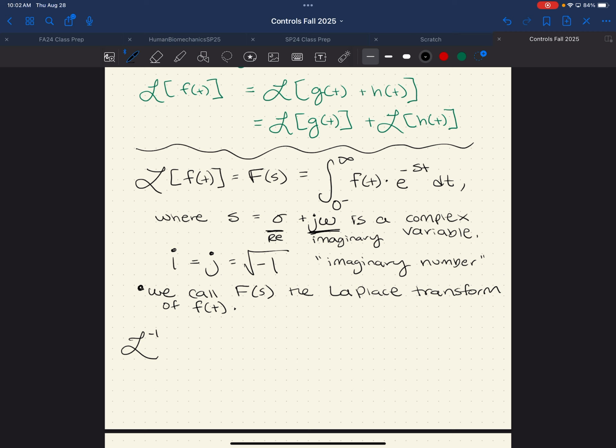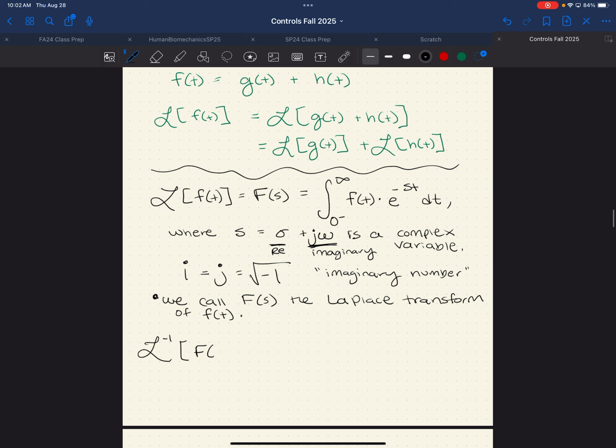I denote that with just a -1 in the exponent of the operator. So the inverse Laplace transform is again this really icky thing, so don't stress out too much. We don't use it all that much, but we will today. It's 1 over 2 pi j times the integral from sigma minus j infinity to sigma plus j infinity of F of s e to the st ds.